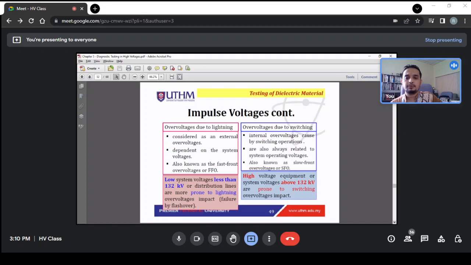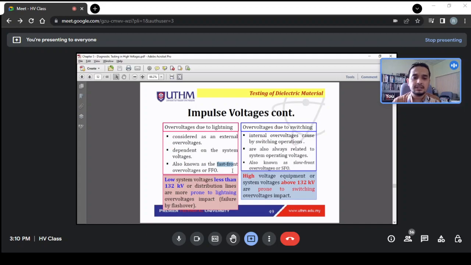Okay, what is most important now: overvoltage due to lightning is also known as fast front overvoltage, FFO. Fast front, because the rising time happens in a very short period of time, in microseconds.